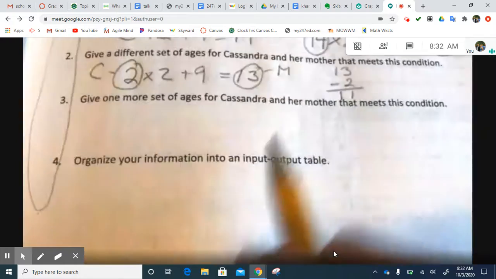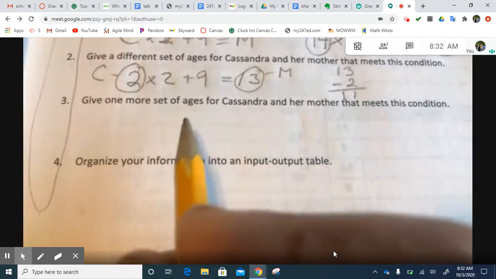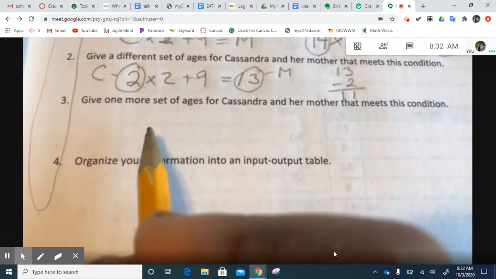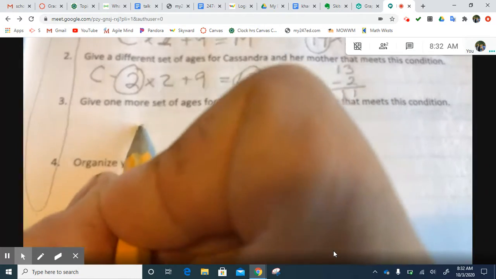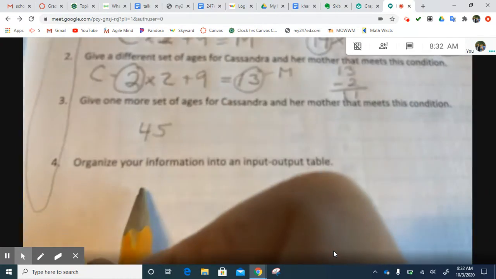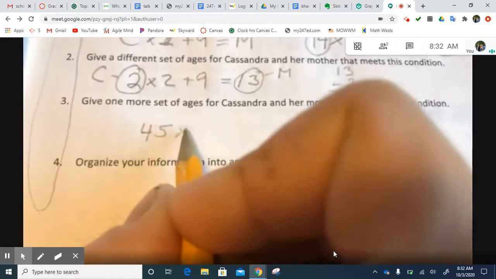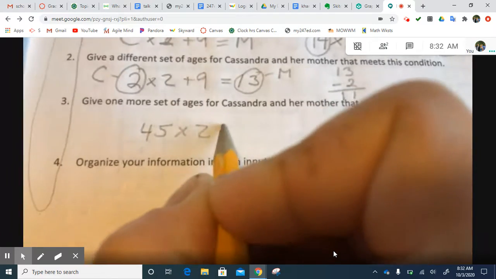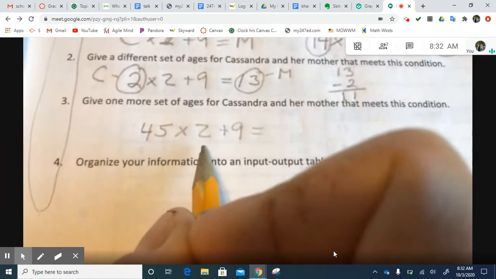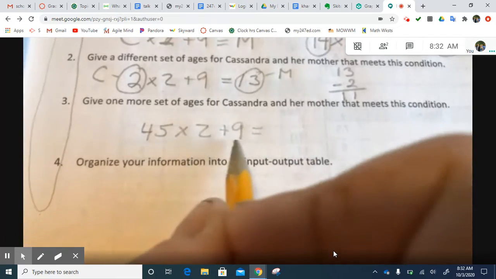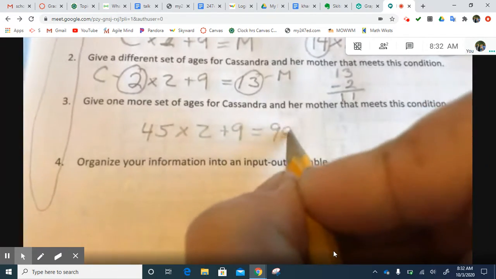All right. How about, let's make Cassandra really old. Let's make her 45 years old. So if Cassandra's 45, we're going to multiply that times 2 and then add 9. So 45 times 2 is 90 plus 9 is 99.